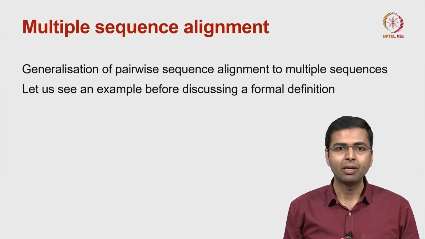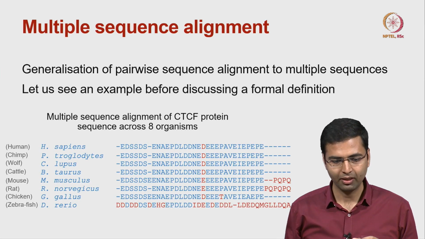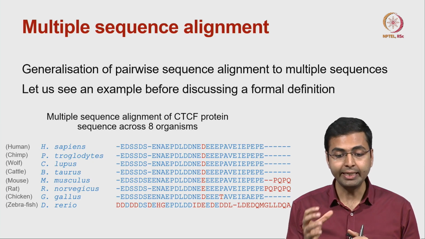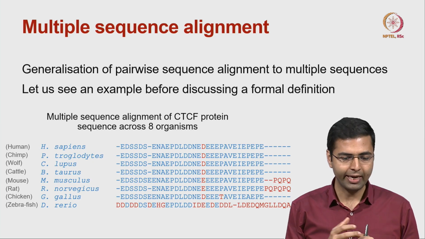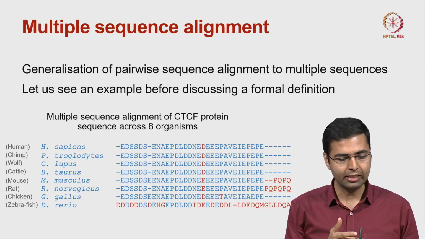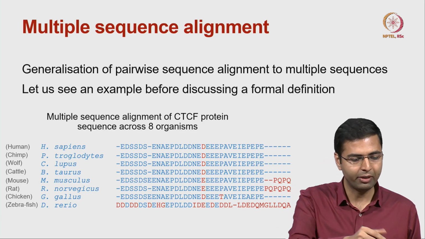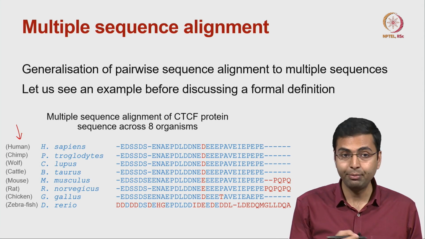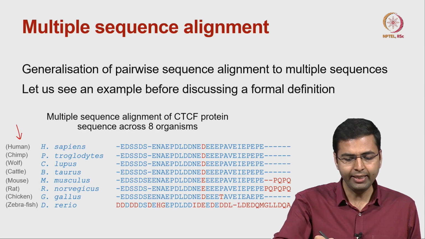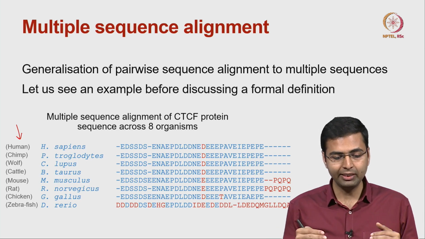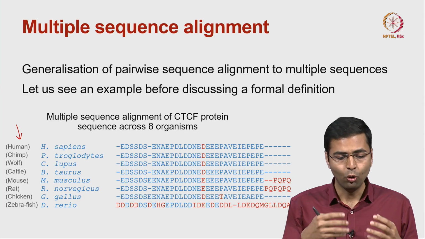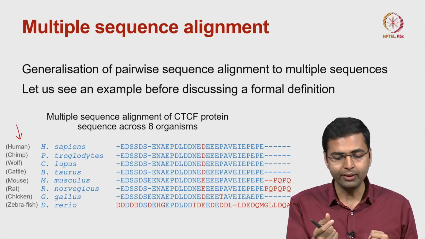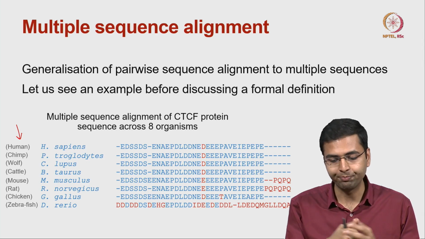Let us see an example before we discuss a formal definition. At the bottom I am showing you a multiple sequence alignment of the CTCF protein sequence coming from 8 organisms. These organisms are from different species, including mammals as well as zebrafish, and you can see how the multiple sequence alignment tells you what portions of the sequence are conserved across different individuals and what portions have mutations in them.